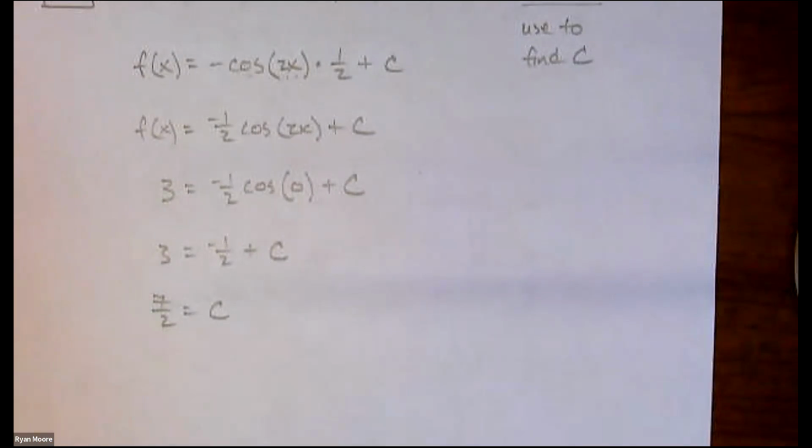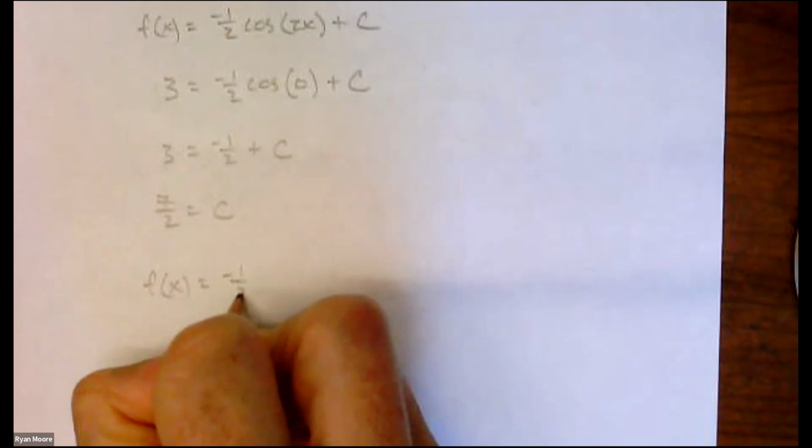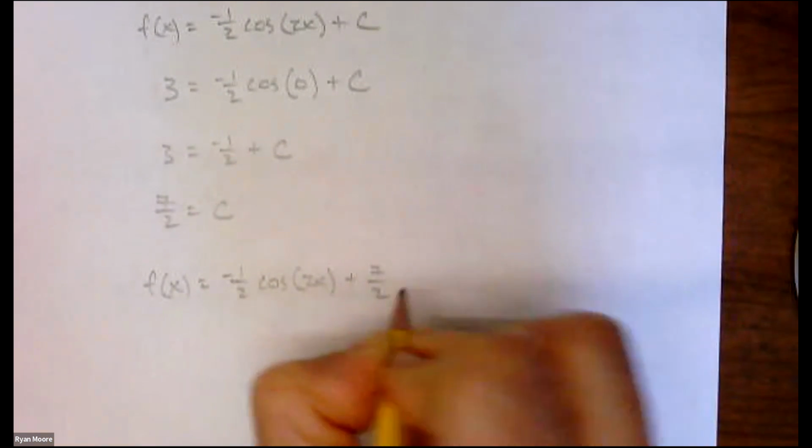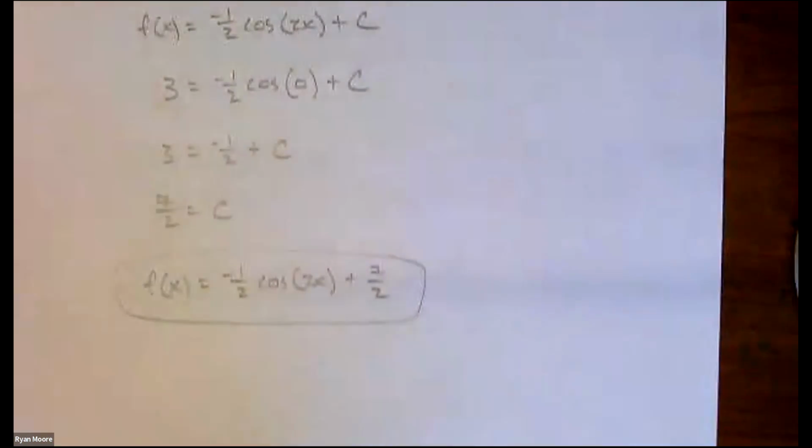And then finding c, if we add 1/2, that would be 6/2. So then adding is 7/2. There's our c. Don't stop here. That's not the answer. We have to take this and put it back into our function: f of x equals negative 1/2 cosine 2x plus 7/2. There we go. We got it.